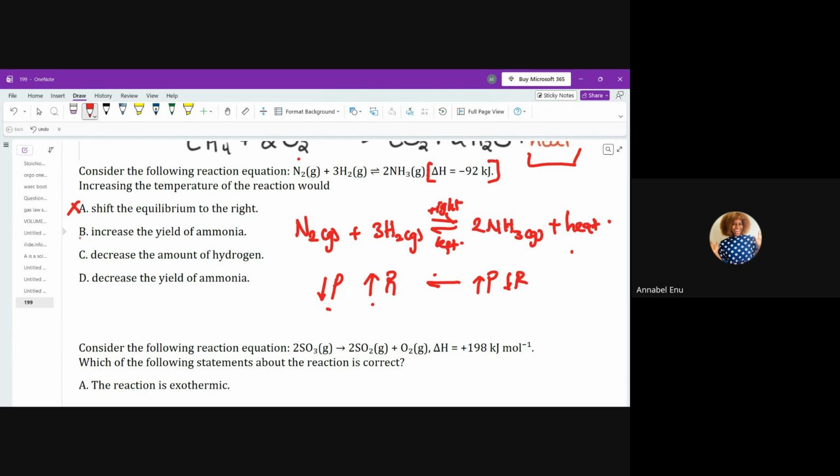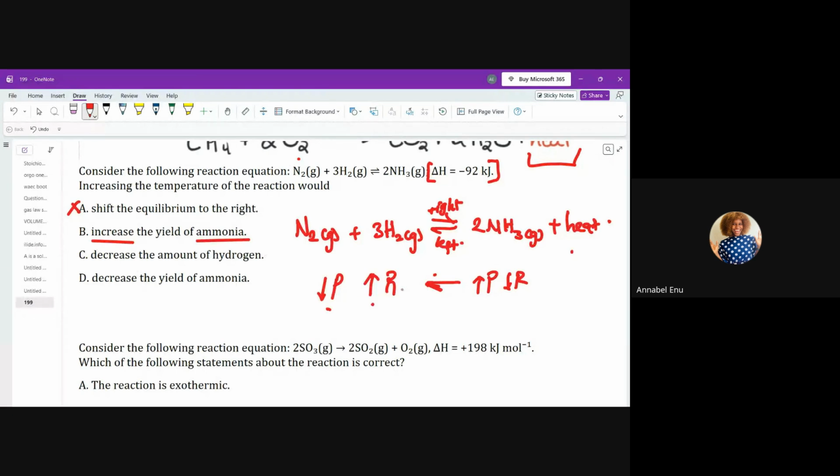Now B says it will increase the yield of ammonia. That means more of product, more of ammonia. Ammonia is the product, right? And that's not true in the backward, left reaction, because we see that it is reducing product and increasing reactant. So an option saying increasing product is not true for the left reaction. Now C says decrease the amount of hydrogen.